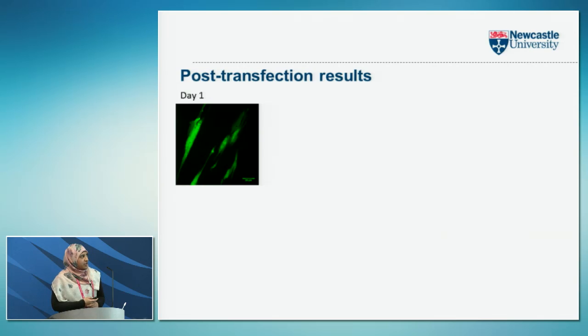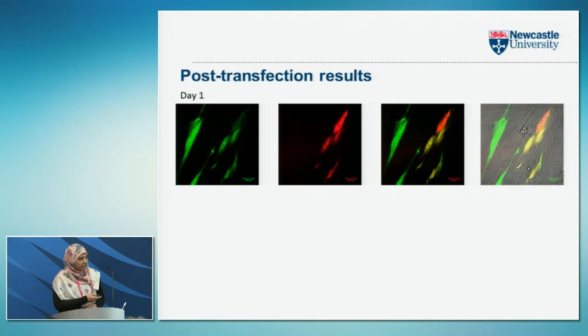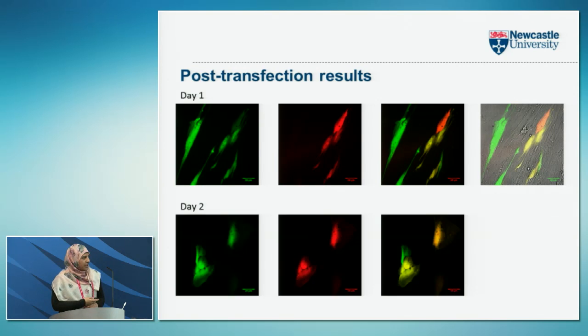So post-transfection, we found that a few of the cells had picked up the CRISPR knockout plasmid, shown by the positive GFP signal. And of these, some had also picked up the HDR plasmid. And we were quite happy with the transfection efficiency, actually, considering these were primary human cell cultures.